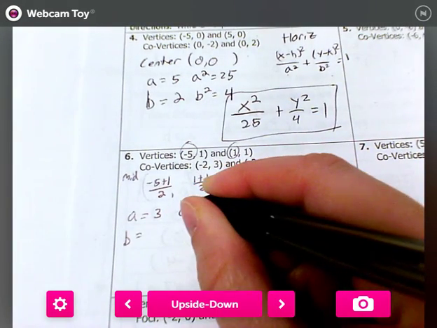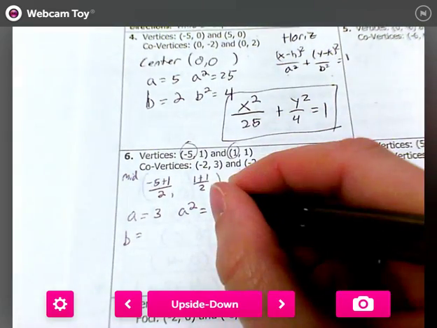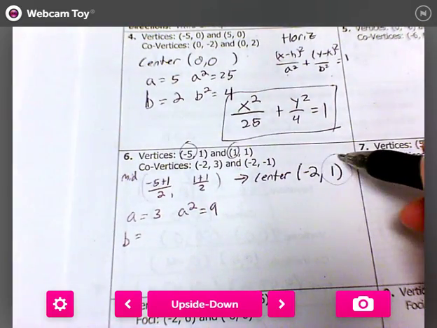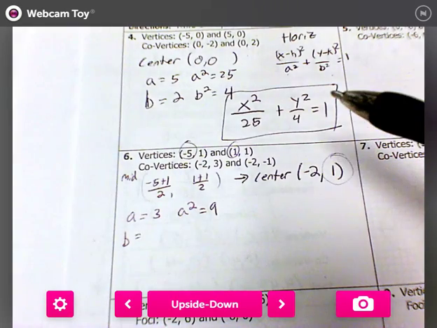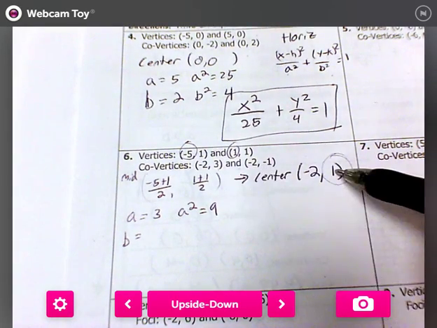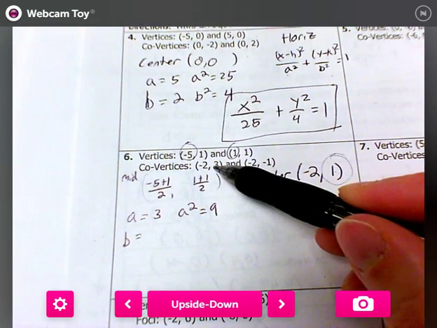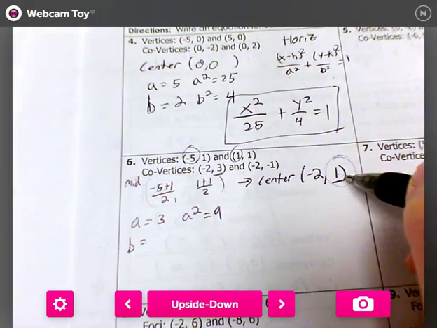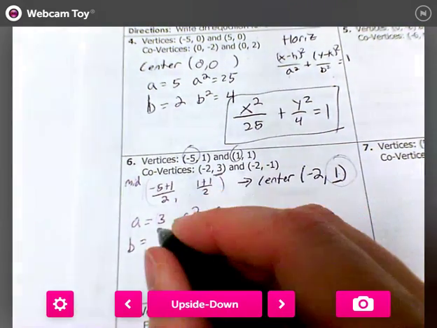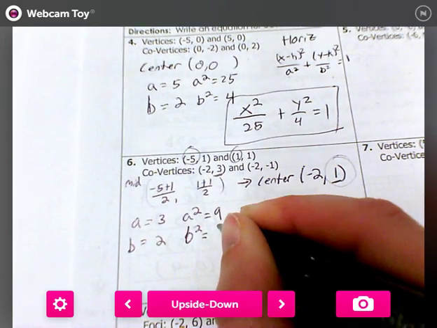And then a squared would be what? What's 3 times 3, guys? 9. Okay. 1 plus what gives me 3? 2. So for the b, I'm looking at the co-vertices. So that's 2. Then b squared equals 4.